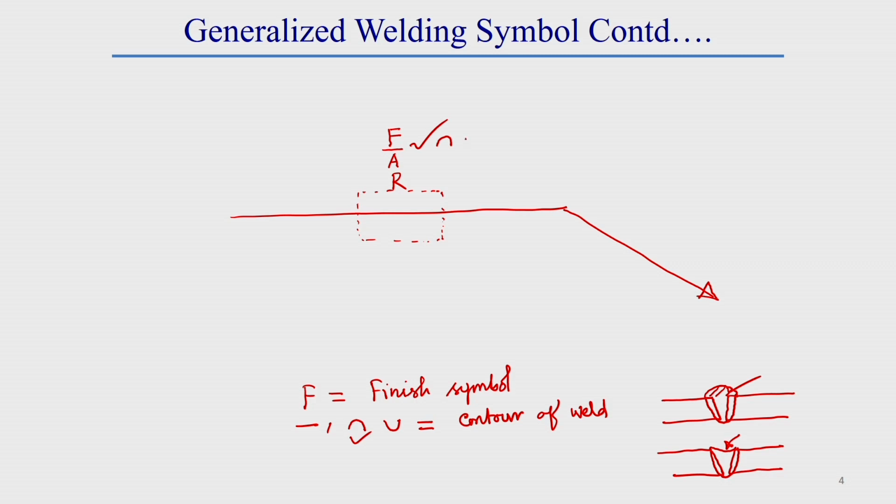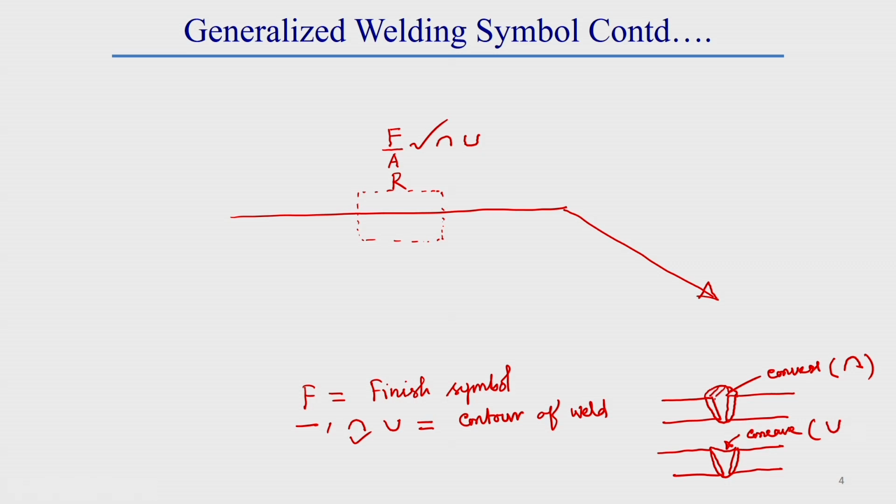Then we have to provide this concave shape. This is the concave contour of the weld, concave shape of the weld. This is the convex shape of the weld. Here the shape of the weld is convex in nature. That is why this contour shape looks like this.